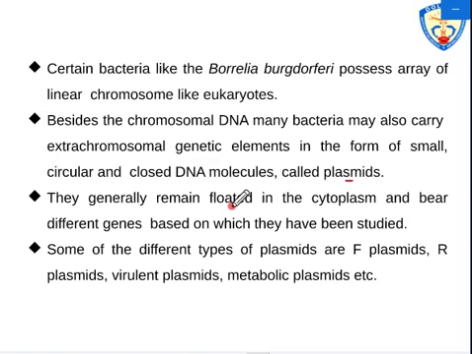These characteristics are due to the different genes present on different plasmids. According to what genes are present on the plasmids, we classify them into F plasmids, R plasmids, col plasmids, virulence plasmids, and degradative or metabolic plasmids.